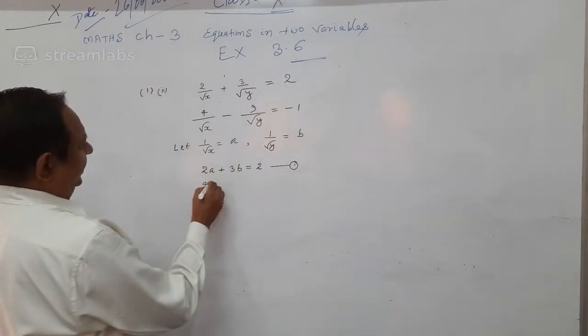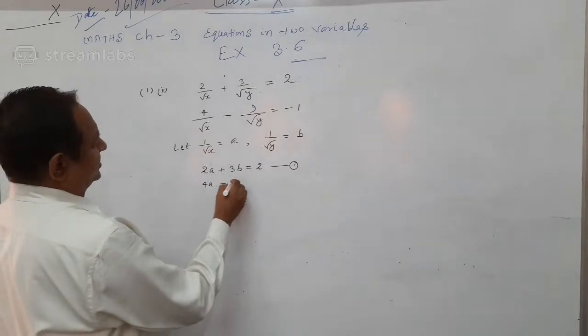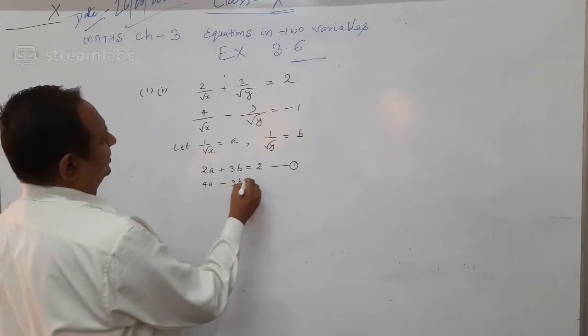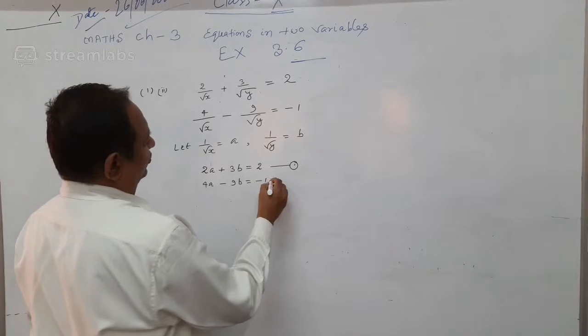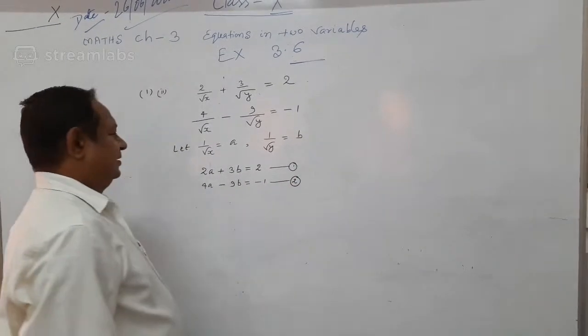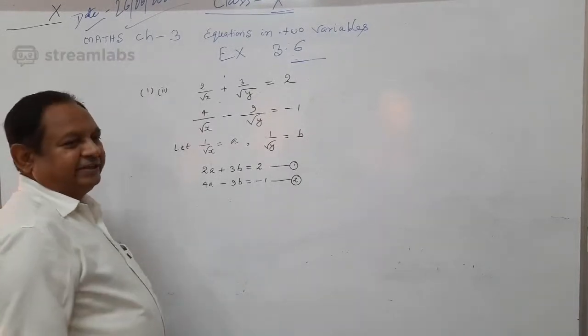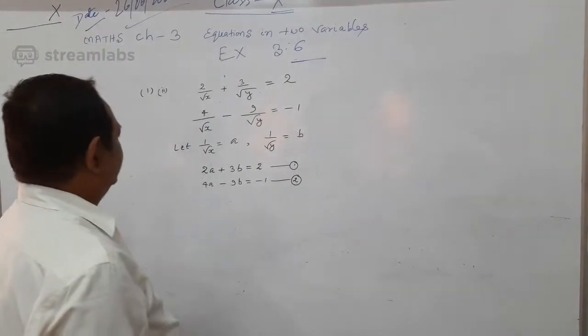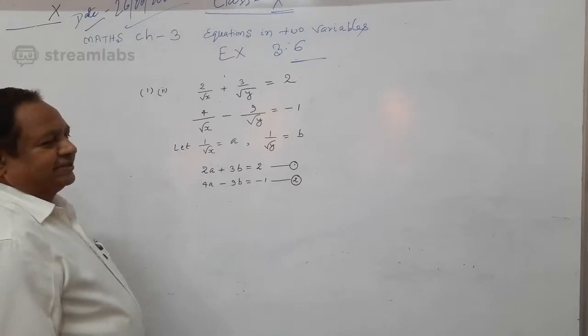Equation 2: 4a minus 9b is equal to minus 1, equation number 2. This is a linear equation in two variables in a standard form.